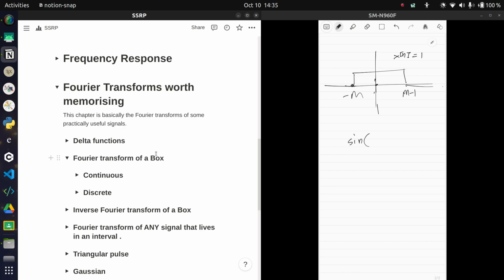In this case, n is how many you have going from here to here. 2m minus 1, I guess. No, okay, not minus 1, because you also have 0, so it starts off at 0, so it's exactly 2m in fact. So you got 2m for n, and then you got d by 2. So what's your d by 2? D is the base frequency, which is 2 pi upon n. So n is the actual full interval, and this is supposed to be periodic, by the way. And that upon 2 is just pi upon n.